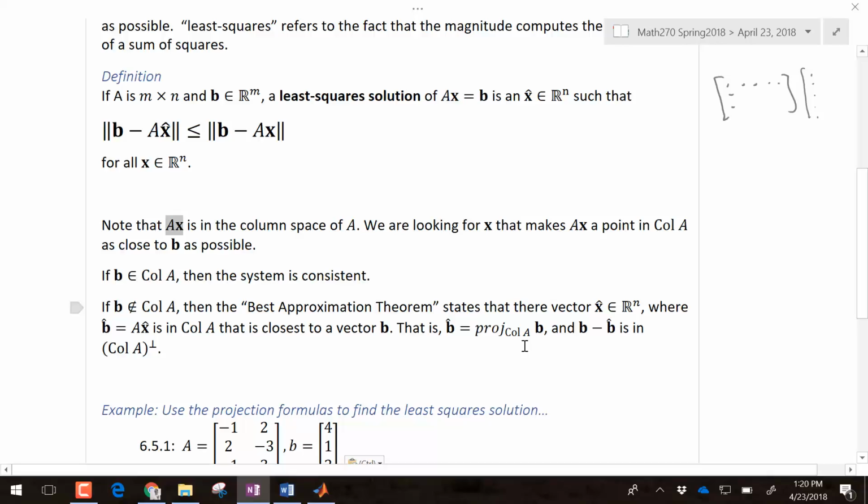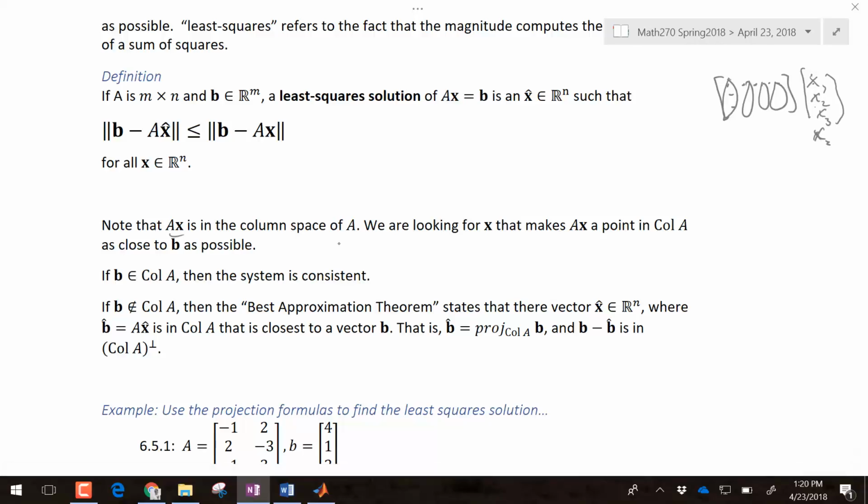If you look at this idea of multiplying the matrix A times a vector x, you're essentially getting these columns multiplied by x1, x2, x3, and these are just like the weights of all these column vectors. So Ax is actually in the column space.